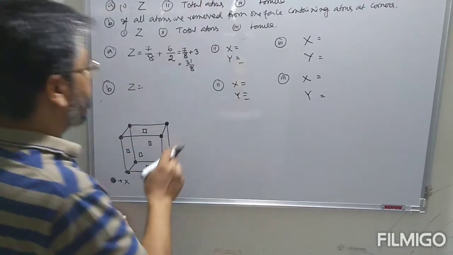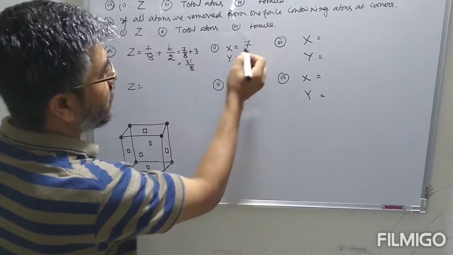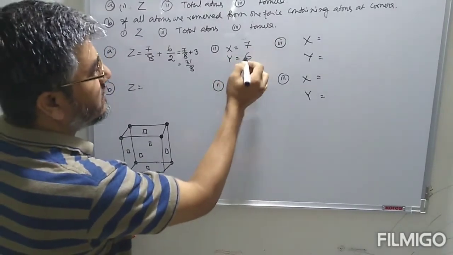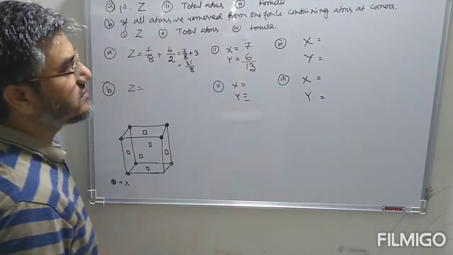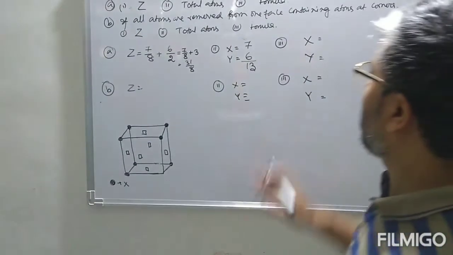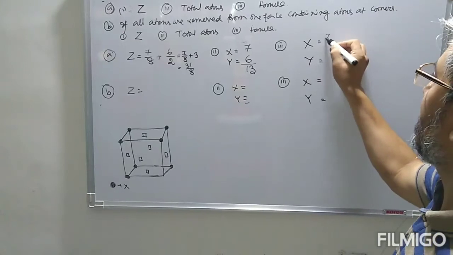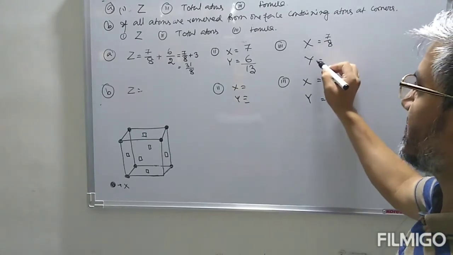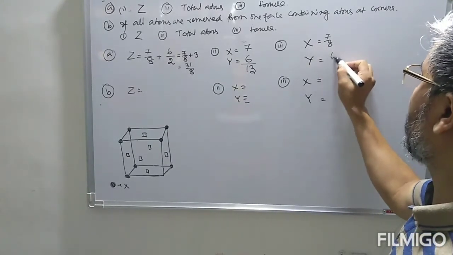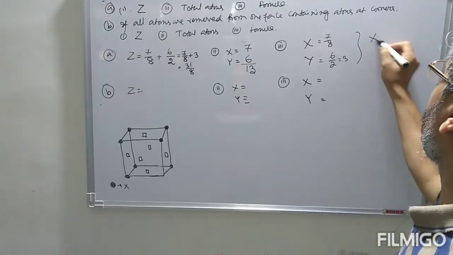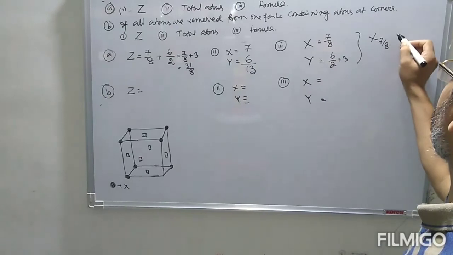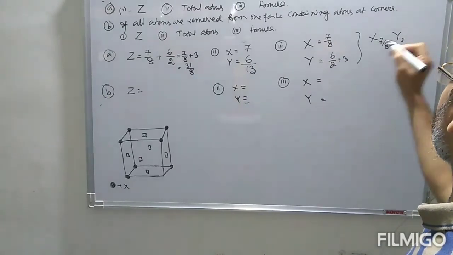Now coming to total atoms, there are 7 corner atoms, 6 face center atoms, total is 13. Formula: contribution of X is 7 by 8, contribution of Y is 6 by 2. So therefore the formula is X 7 by 8, Y 3.